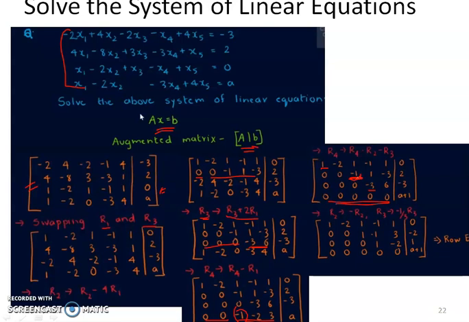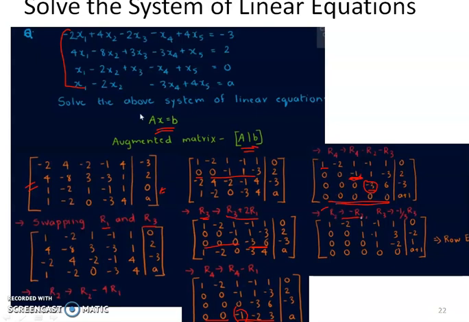For row echelon form, the pivot value should be 1. So you need to transform this value to 1, and this value also to 1. For that, the operation R2 equals minus R2 is performed. The purpose is to transform this pivot value to a positive value.